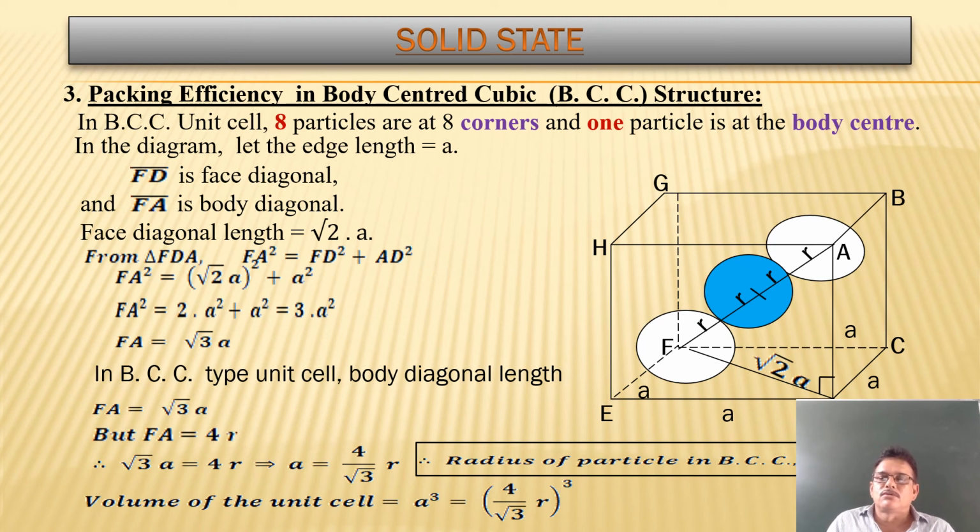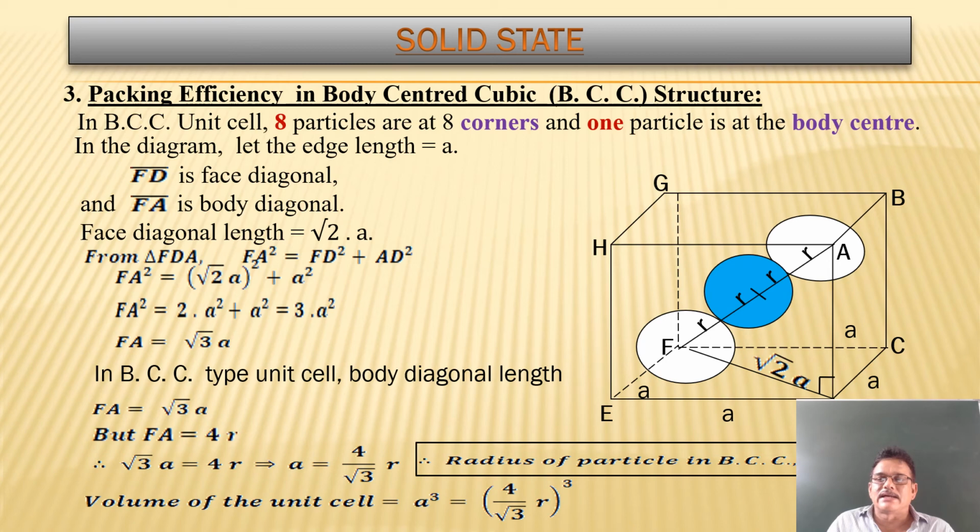Root 3 is equal to 1.732. 1.732 by 4 is equal to, I think it is 0.433.